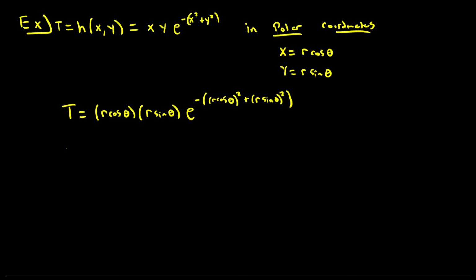The first simplification is to rewrite this as r squared cosine theta times sine theta, and then e to the negative r cosine theta squared plus r sine theta squared is going to simplify to just e to the negative r squared, because cosine squared of theta plus sine squared of theta is equal to 1.